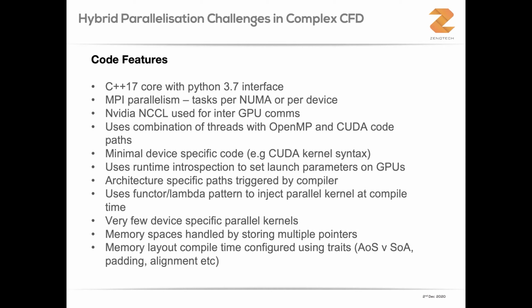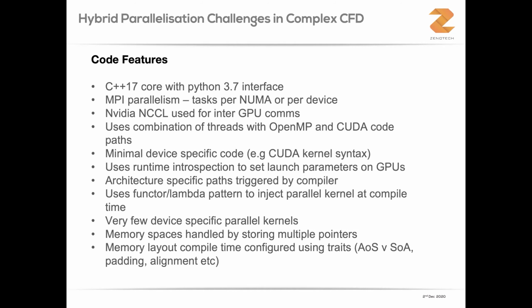Things like GPUs use runtime introspection, so it actually goes in and has a look at the kernels to decide on the launch parameters that they use for those particular devices. And we're using a lot of the mechanisms of C++ to allow the compiler to do the heavy lifting. So these code paths, whether the CUDA code path or the OpenMP code path, are built and compiled into these libraries.